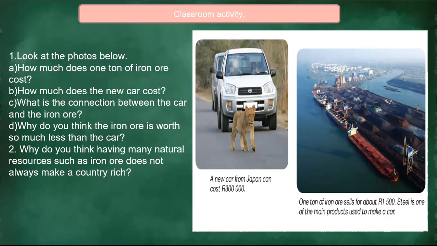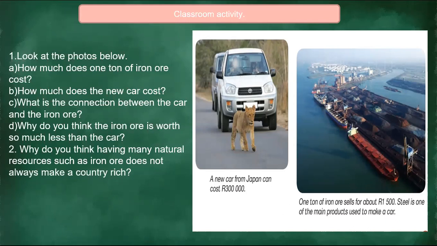Resources such as iron ore don't always make a country rich because they need to be made into a better material, like a car. Yes, you are correct. Let me add more.